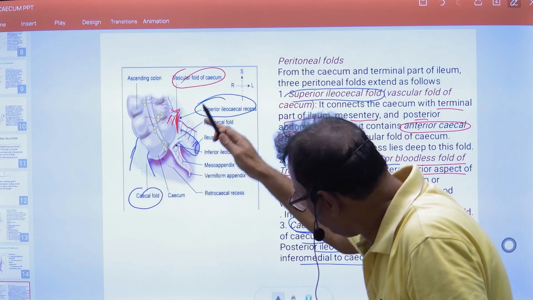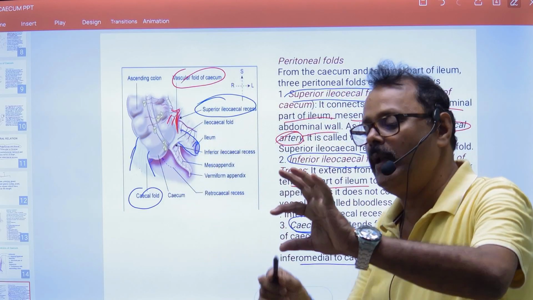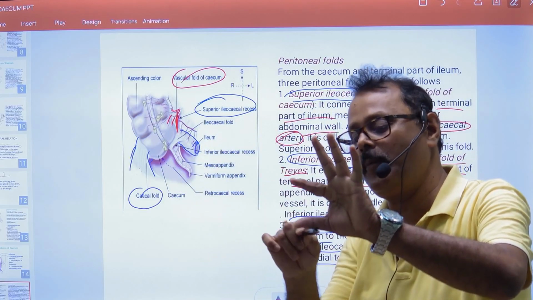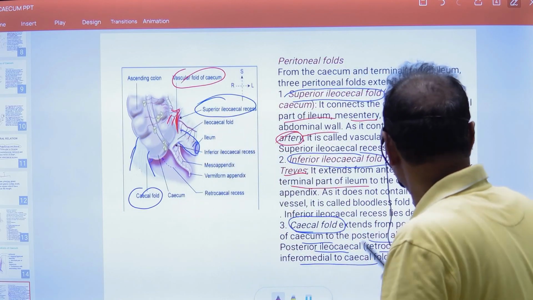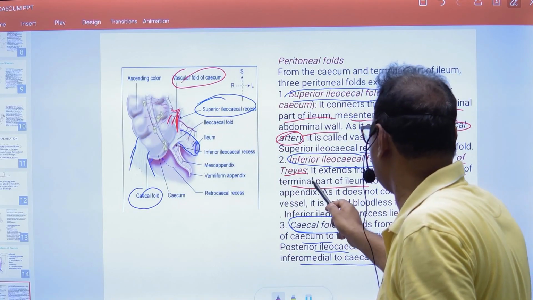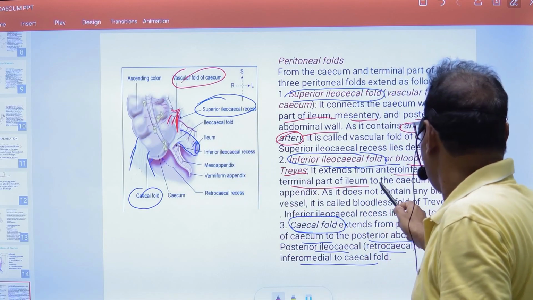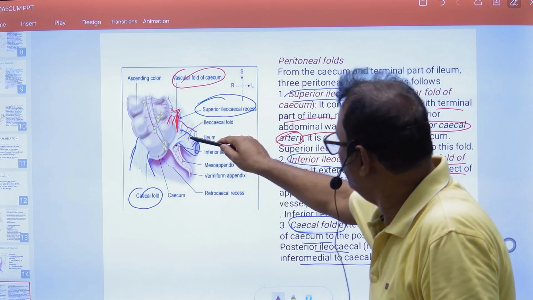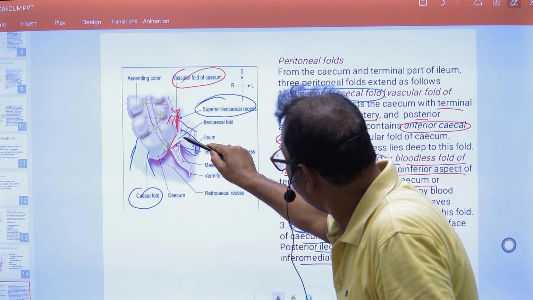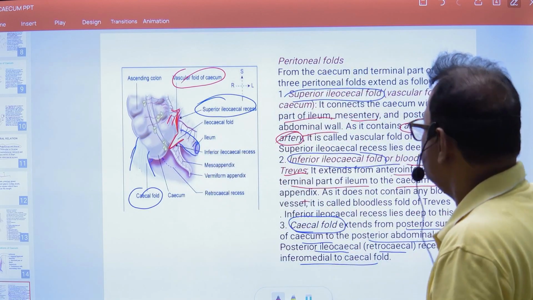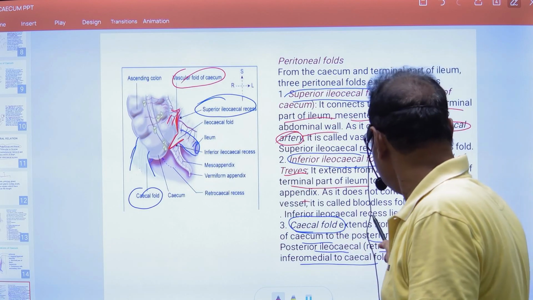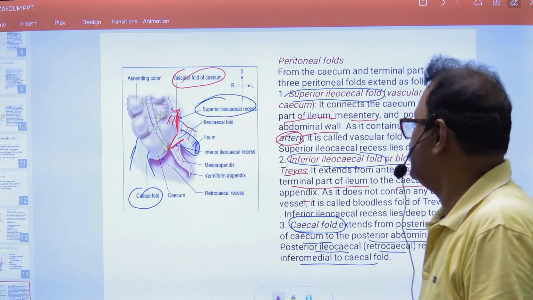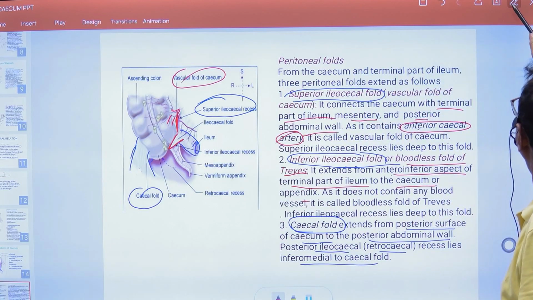So it will come from the anterior inferior aspect of the terminal part of the ileum and travel towards the cecum or the appendix. This is bloodless, and then of course the recess will lie just behind the fold.